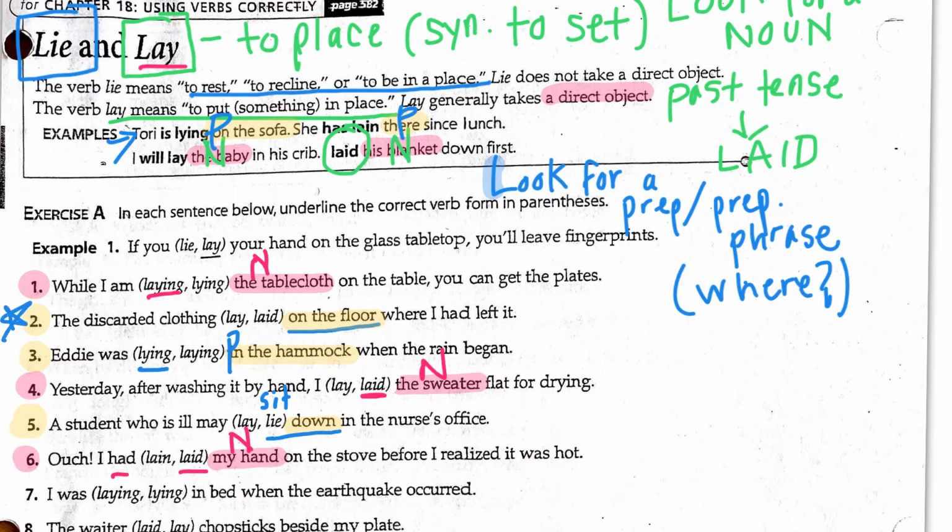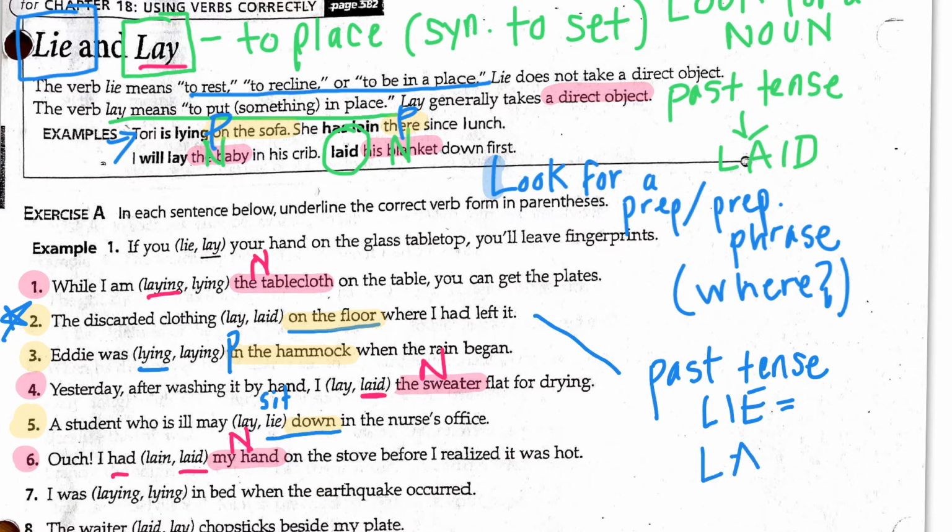But it is something that is going to give us pause to look at number 2. And this is perhaps the most difficult thing to wrap our minds around when it comes to lie versus lay. That the past tense of lie is the word lay. And so the answer for number 2 is L-A-Y. I'll say that again. The past tense of lie is lay.